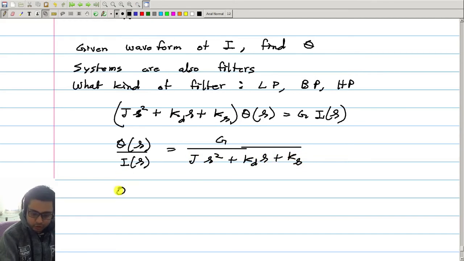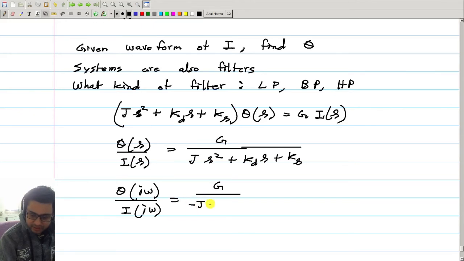Now put s equal to j omega. So this will become minus J omega square plus Kd j omega plus Ks. Check my calculation, I am doing it in a rush. Now put, say, a large value of omega.